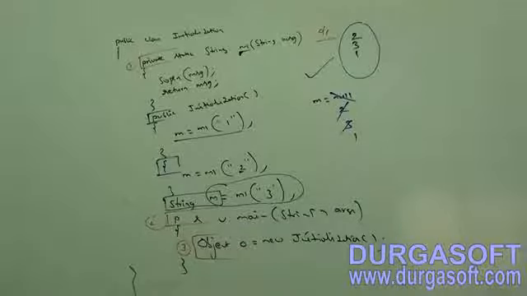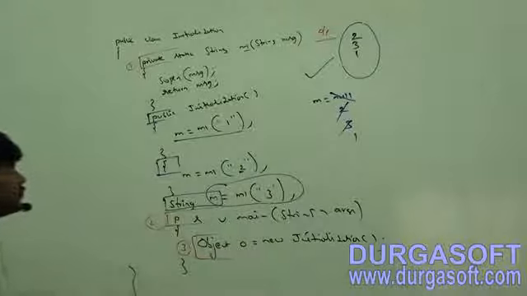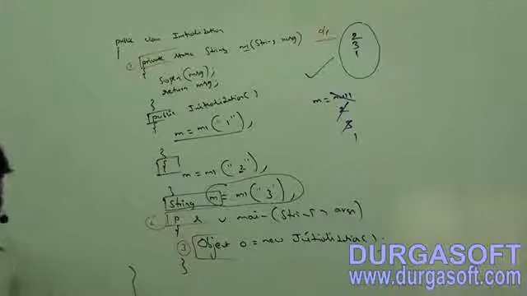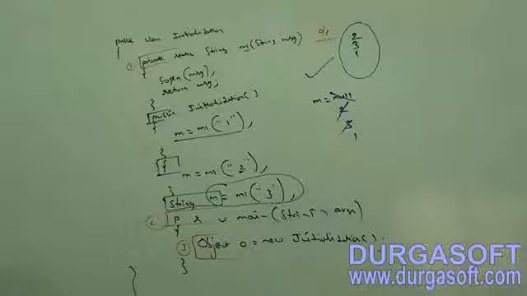Take clearly: private static string m1, m is equal to m1 of 1, m is equal to m1 of 2, like so. The output by default we are going to get is 2, 3, 1. Instance control flow, static control flow.